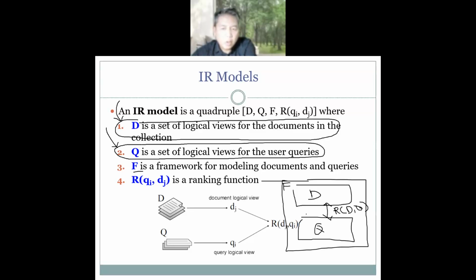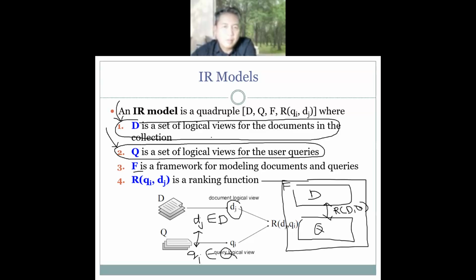Okay, so normally we use Dj, because Dj here is the j-th document that belongs to our document set, and also the query here, this is the i-th query that belongs to a set of queries. Okay, so basically we are measuring the distance between the j-th document and the i-th query.